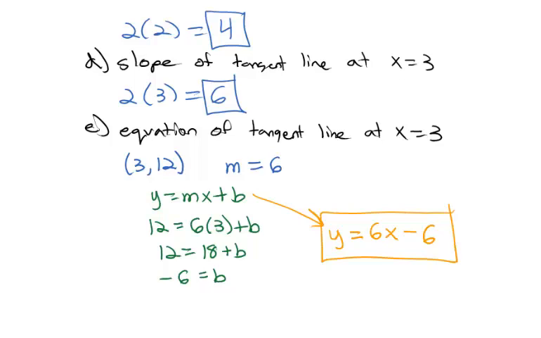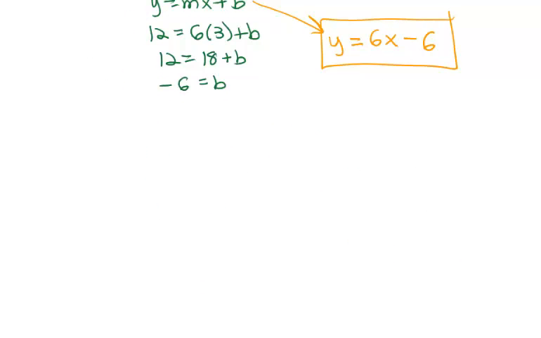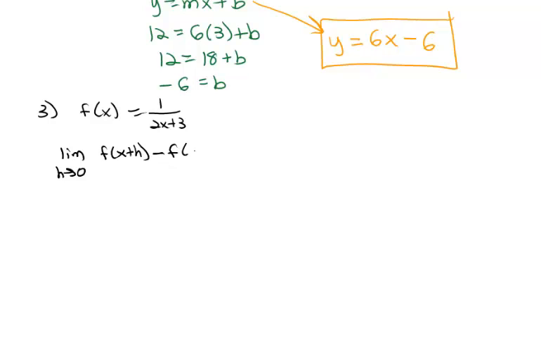Let's try calculating a few more derivatives. How about we find the derivative of f of x equals 1 over 2x plus 3. Remember, the derivative formula is the limit as h goes to 0 of f of x plus h minus f of x, all over h.